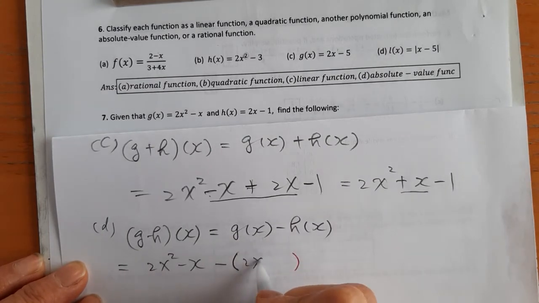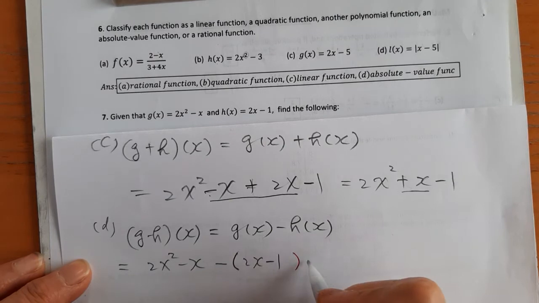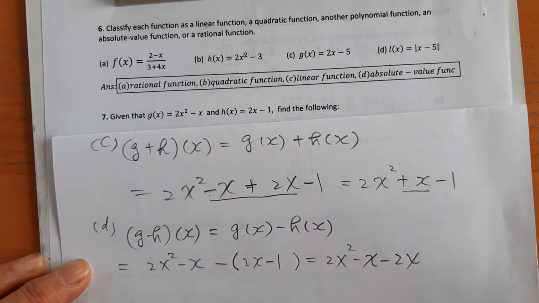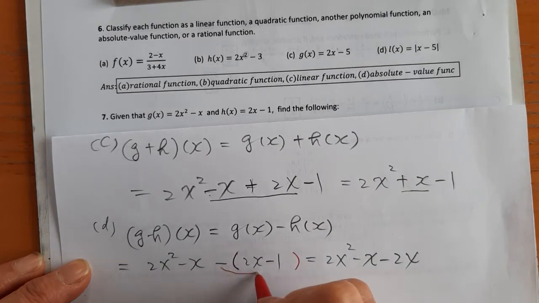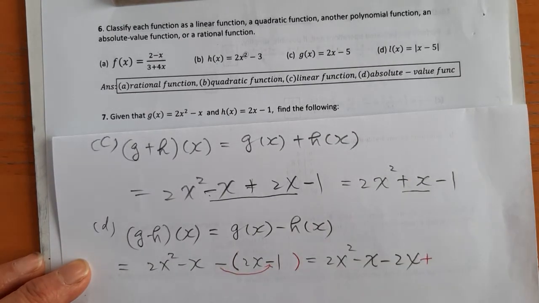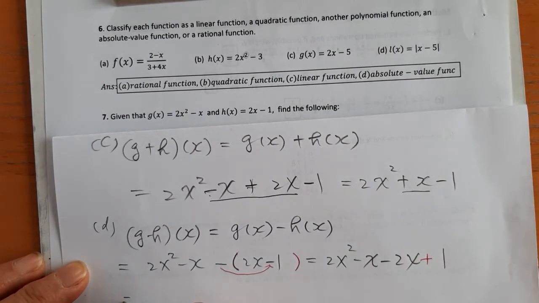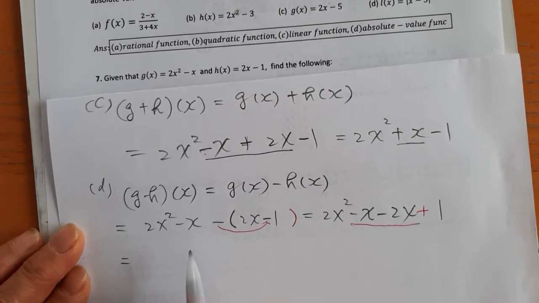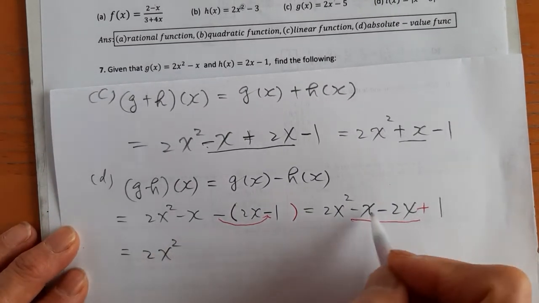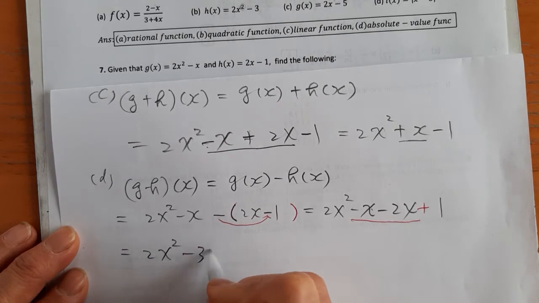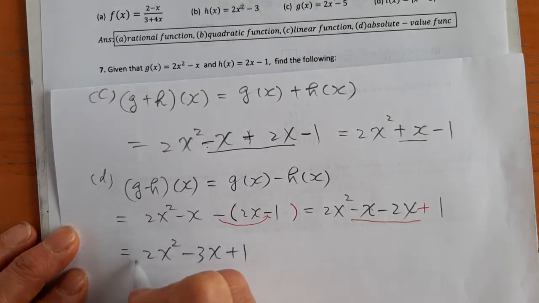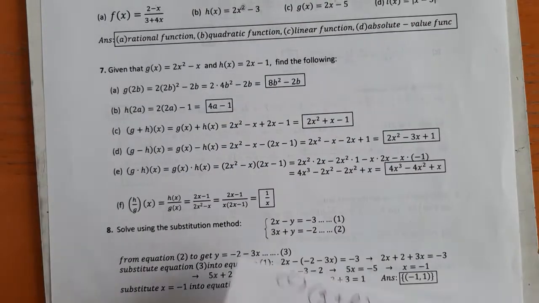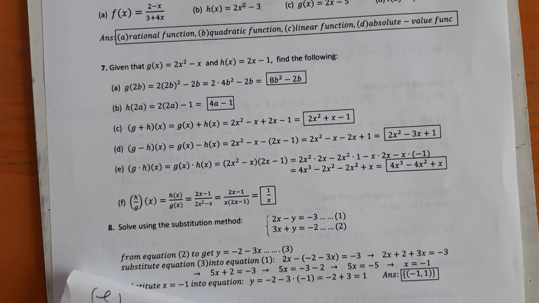It's 2x minus 1. And remove the parentheses: 2x squared minus x minus 2x. When removing the parentheses, negative times negative becomes plus 1. Then combine like terms. The two x terms are like terms to be combined. So we get 2x squared, negative x plus negative 2x is negative 3x, plus 1. That's subtraction. And E, it's multiplication.